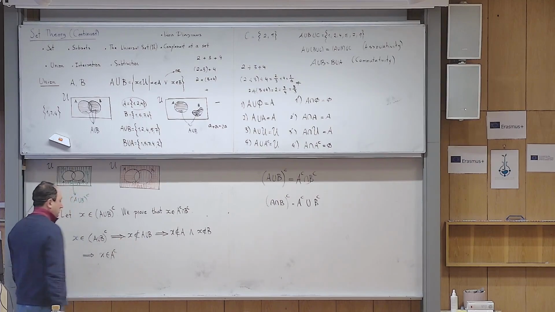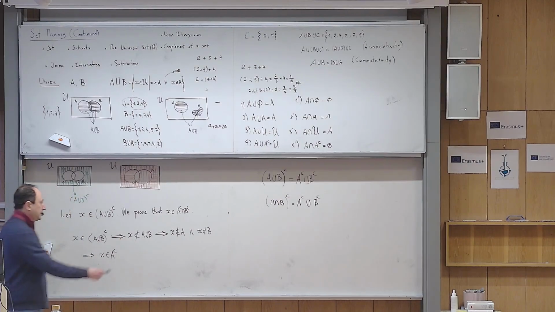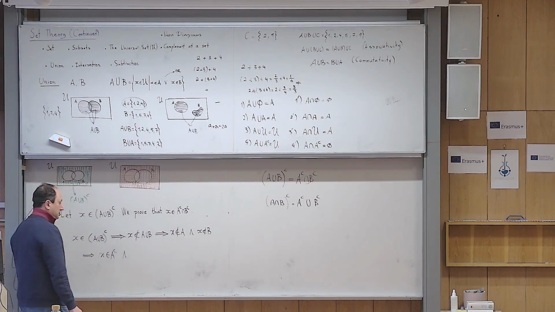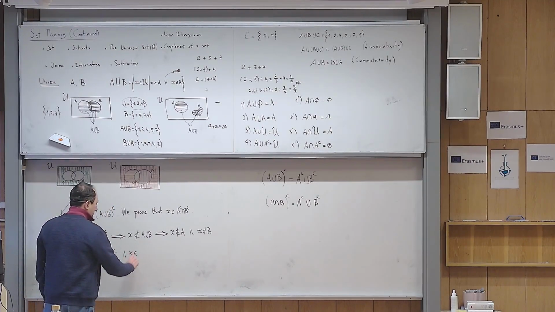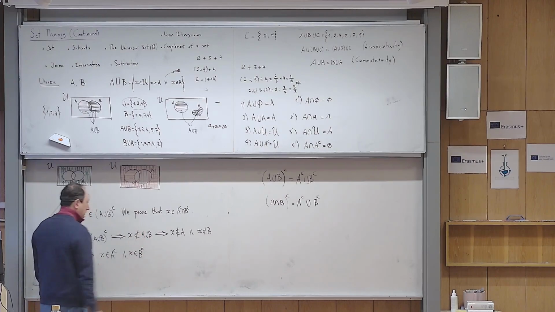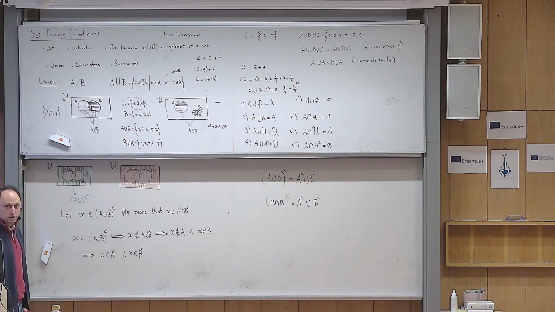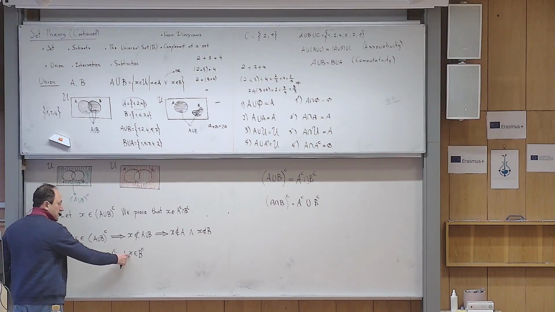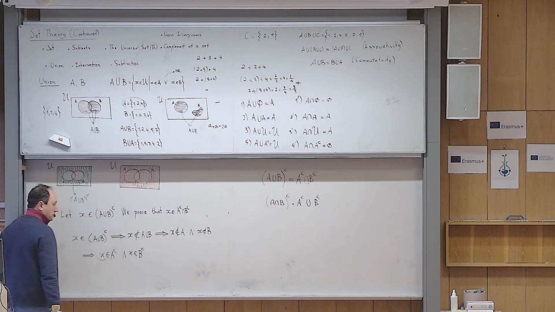It means X belongs to A complement. And if I guarantee you that X does not live in B, then you can guarantee that X lives where? In B complement. And now look, I have an element which I know lives in A complement. I also know the same X lives in B complement. So X is an element both for A complement and B complement.